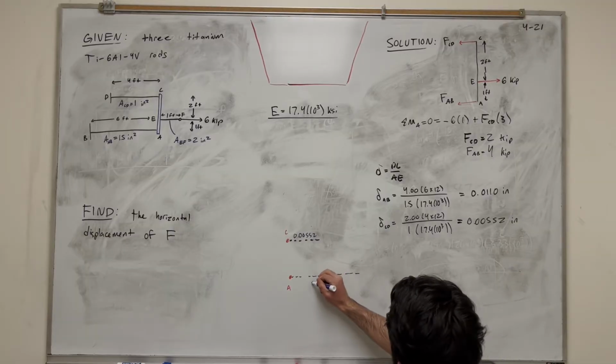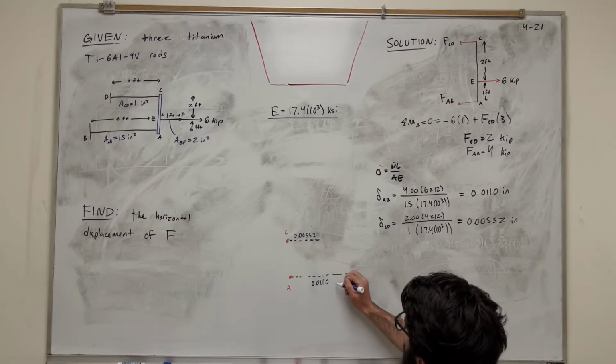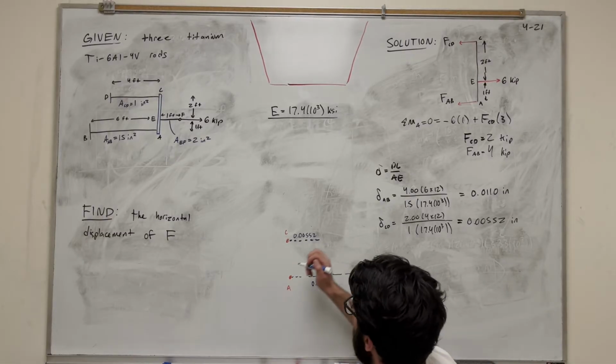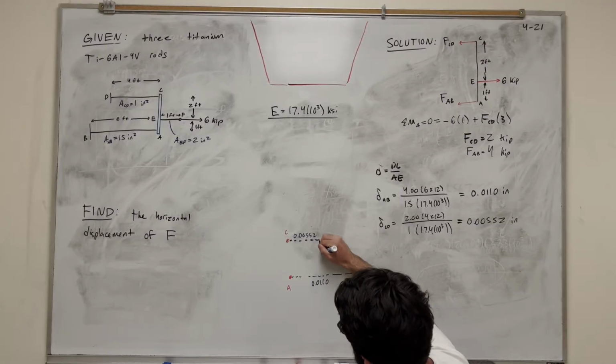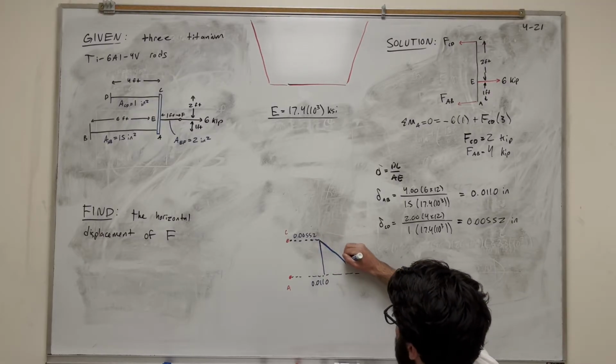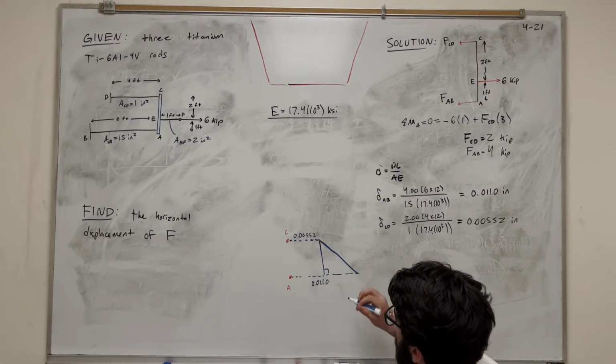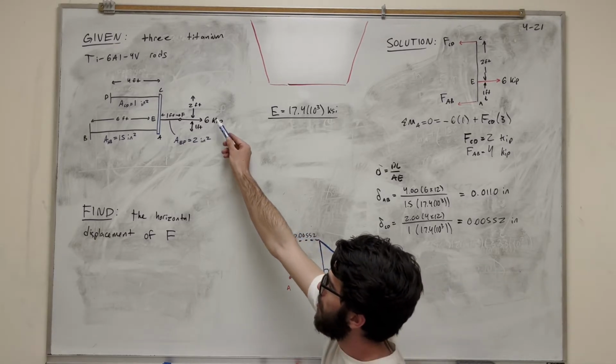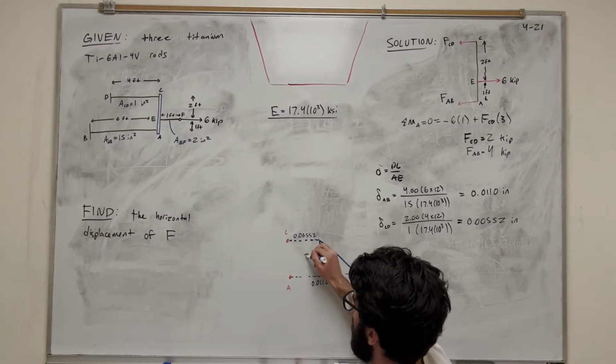So this is 0.0110. Now let's draw a right triangle in between them. This is definitely not to scale, but it is a right triangle. What's the height between them? We know that they're 1 foot plus 2 feet apart, so this is 3 feet, or 36 inches.